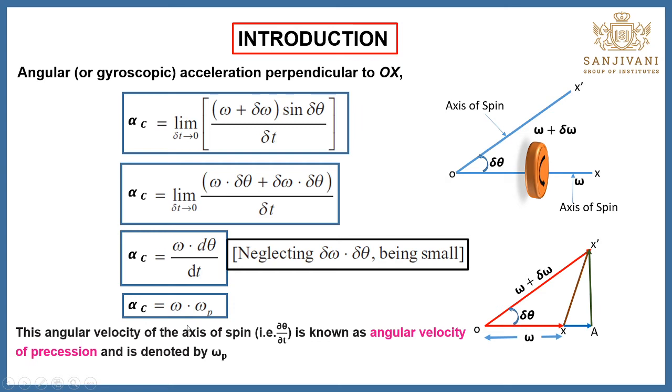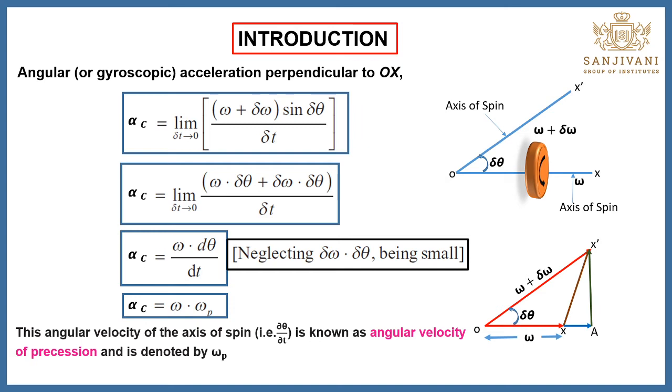That means when the aeroplane is taking a turn, the speed while taking the turn is what we need to calculate, and it is called the angular velocity of precession. This is the gyroscopic acceleration, not the gyroscopic couple.